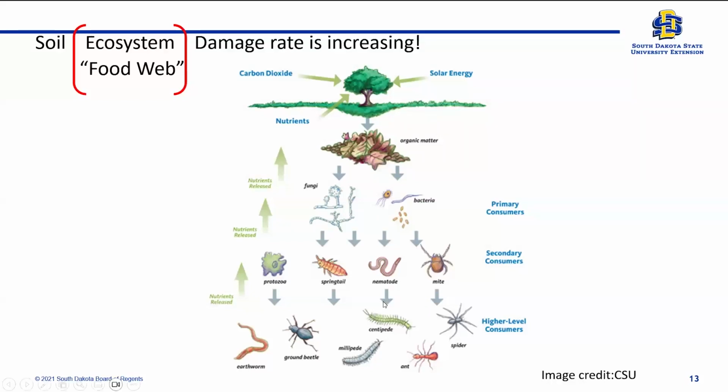But in the soil, it's no different. We have one group feeding on another group, and then feeding on another group, and feeding on the organic matter. And each time there is a feeding, for lack of a better term, there is energy released and nutrients released.